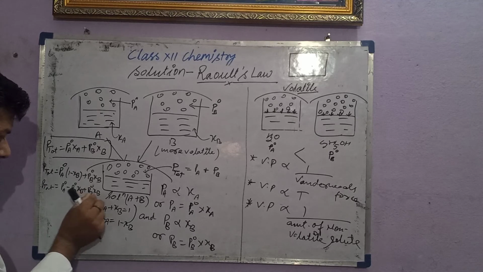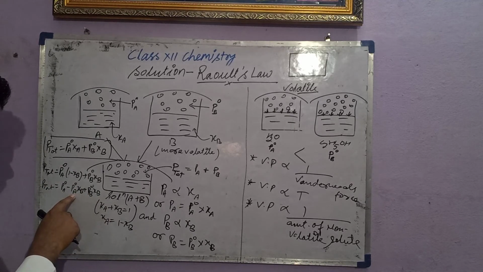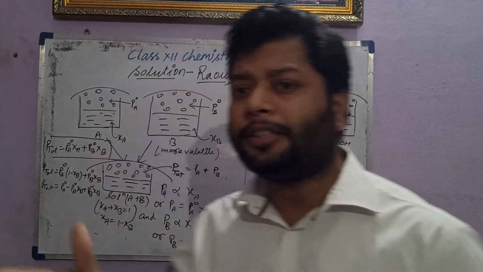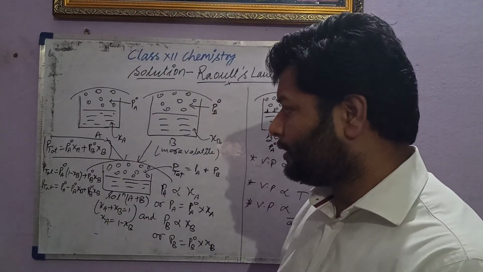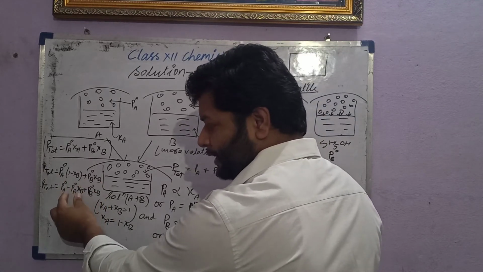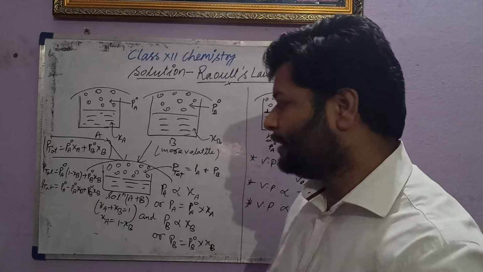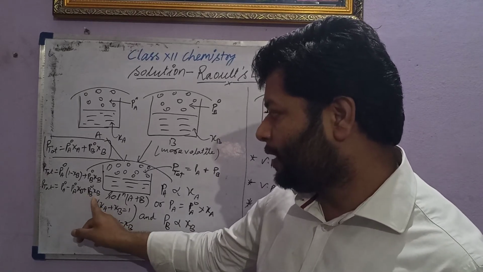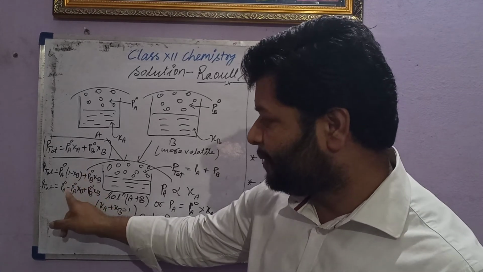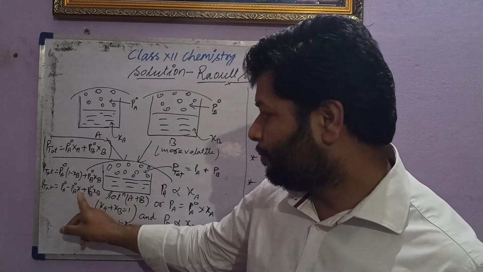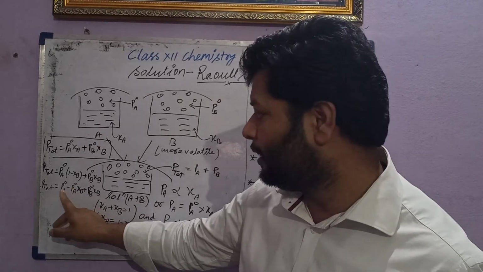So XB can be common, then you can write P naught B minus P naught A, because P naught A has a minus sign, so taking XB common, P naught B is plus, minus P naught A, XB common, and there is a P naught A.